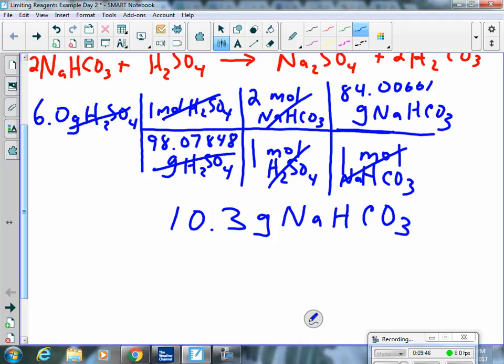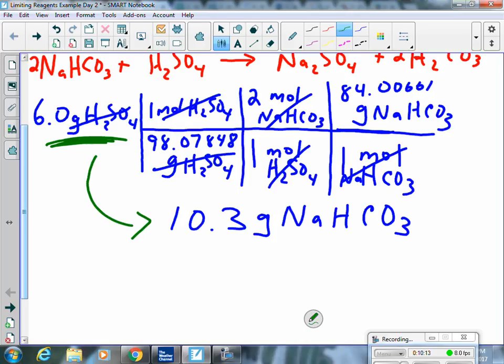This tells me that if I have 6 grams of sulfuric acid, how much sodium bicarbonate do I need? 10.3 to react exactly. Do I have 10.3? I've got way more than that, right? What was the number I had? 40, right?